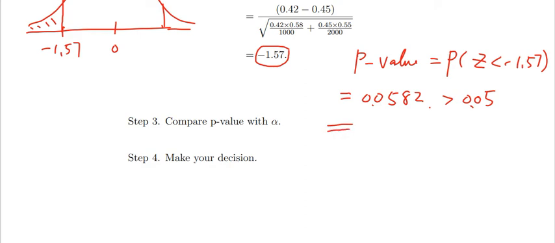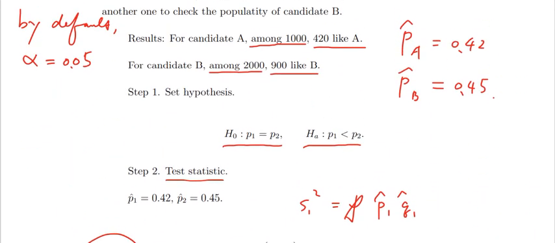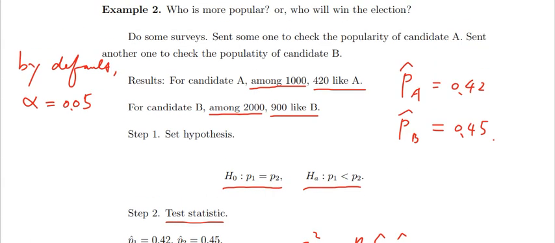Then our conclusion is that the p-value is large, which means the test statistic is small, close to 0. So we believe the difference is small, and a 3% difference is not so big.